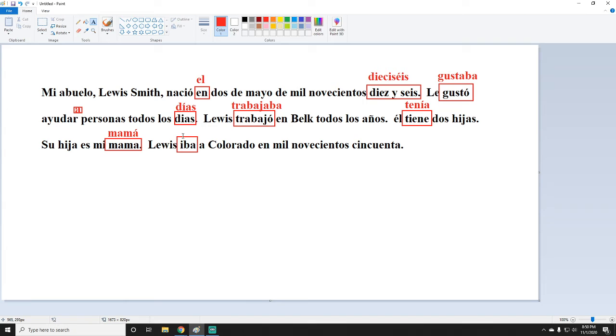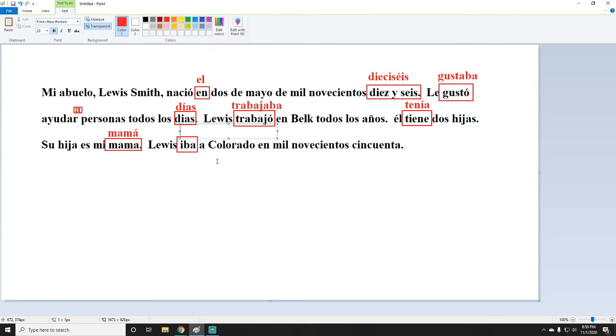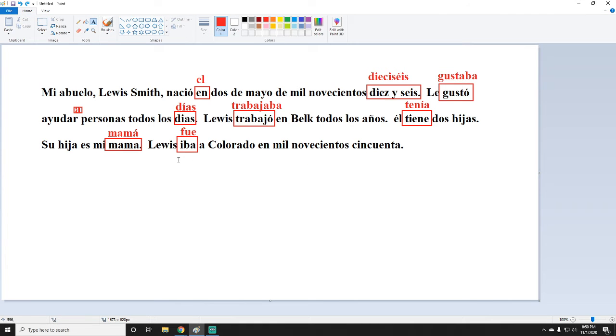And here's another one. This brings me to my last point. Luis fue a Colorado en 1950. Okay. Because this says Luis went to Colorado in 1950. That's something that happened once. He went to Colorado.